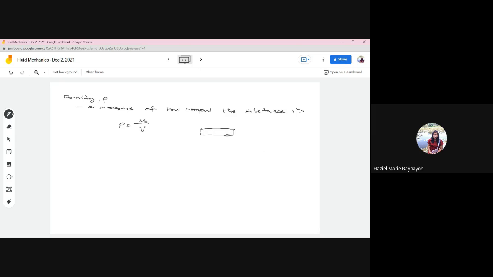You can get the mass using an analytical balance. And then for the volume, you can measure the length, width, and height using a ruler. And then if we take the ratio of the mass and the obtained volume, that gives you the density of your material.